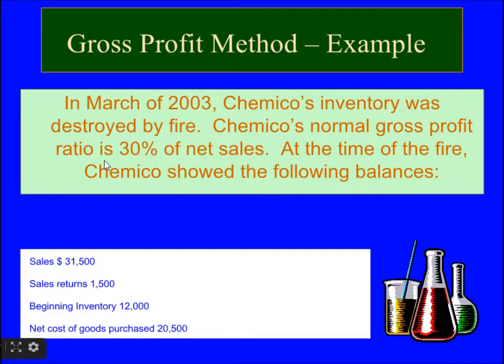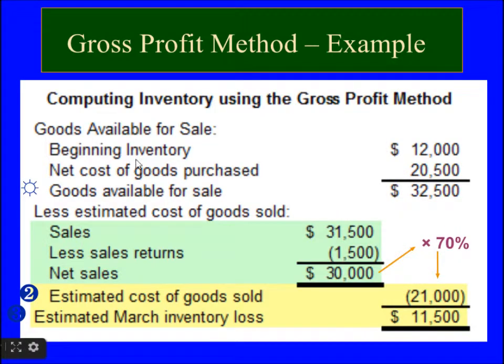It's also given that we have a 30% gross profit ratio, so that means 70% is the cost of goods sold. So we multiply 70% by the net sales, and whatever amount we get is the estimated cost of goods sold, which we deduct from the goods available for sale. That gives us the answer for the estimated March inventory loss.